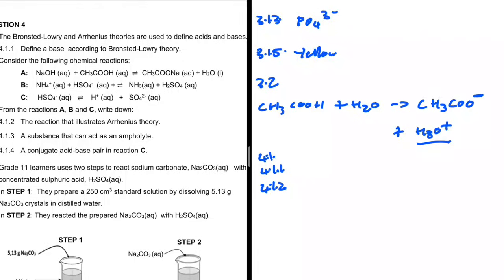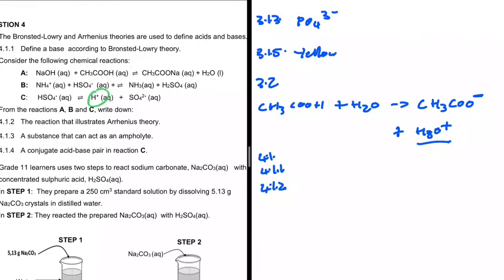Reaction B, same is true. We don't have a hydrogen ion, we don't have hydroxide ions, we don't have hydronium ions. Not a good illustration of the Arrhenius theory. But reaction C, you can clearly see that hydrogen ion is produced, there is H+, when HSO4 minus ionizes.